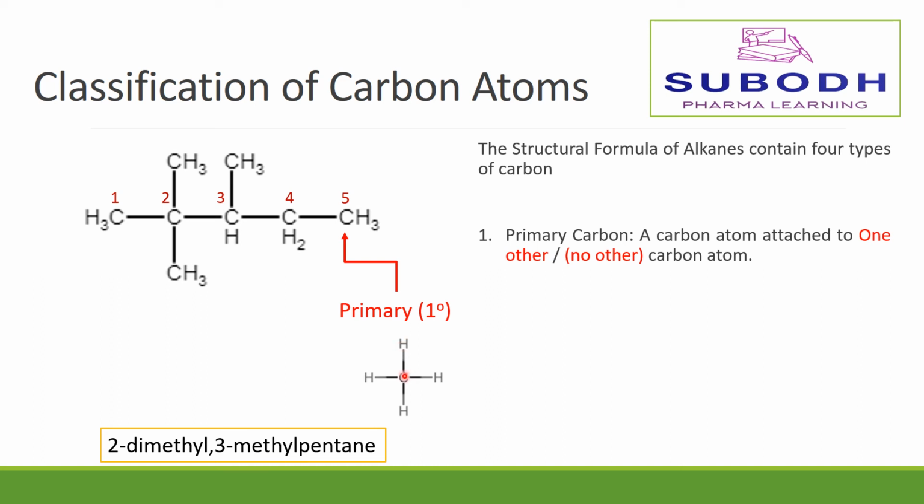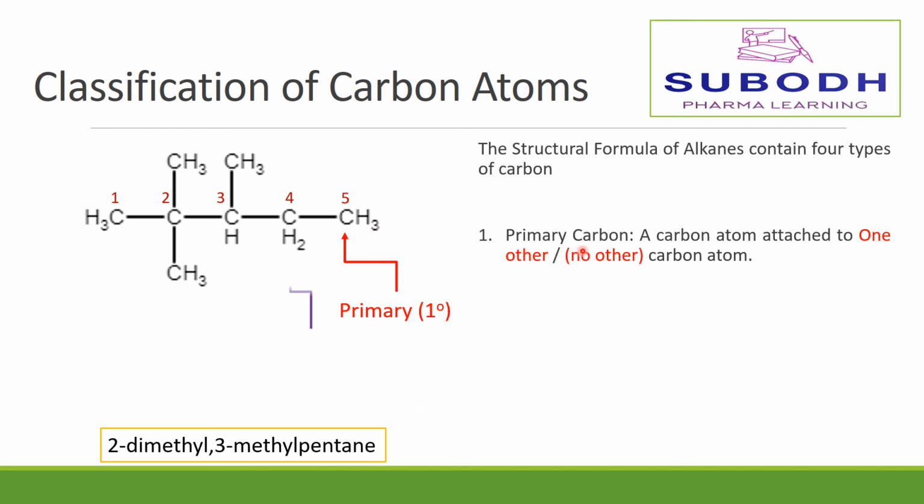It is attached to 4 hydrogen atoms, and at position 5 it is attached to 1 carbon atom and 3 hydrogen atoms. As in the case of the first position carbon atom, it is also attached to 3 hydrogen atoms and 1 carbon atom. And these carbon atoms at positions 1 and 5 are known as primary carbon.